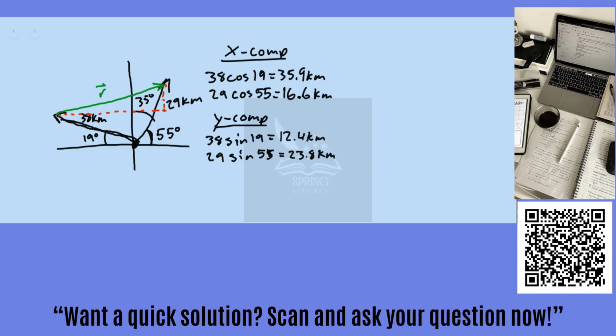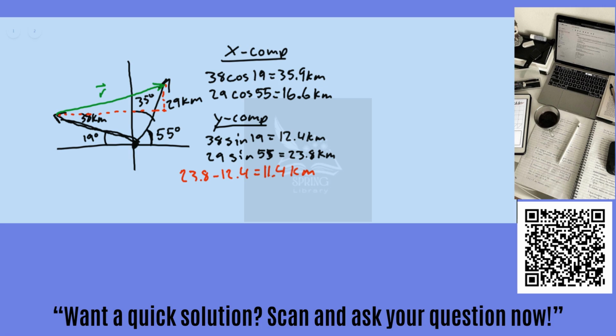So we're going to find the difference of those two vectors. So 23.8 minus 12.4 is going to give us 11.4 kilometers. So that is the y component of our resultant vector right there.